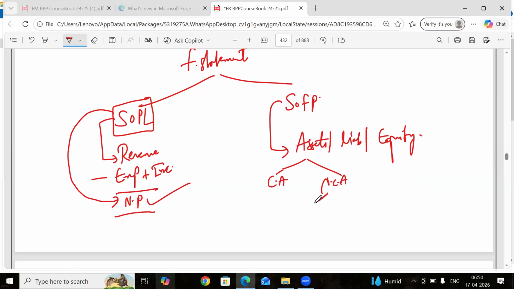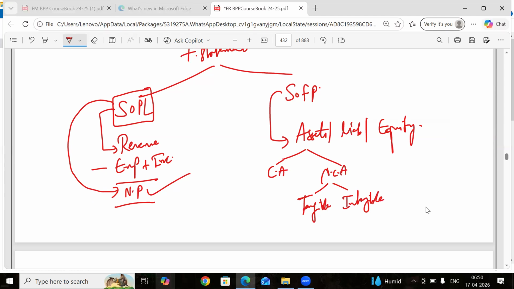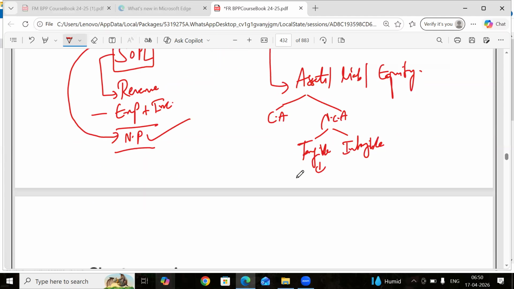Non-current again has a division of tangible and intangible assets. Tangible assets have physical substance. That means you can touch them. They exist physically. Intangible assets do not have physical substance. That means they are usually in documented form.